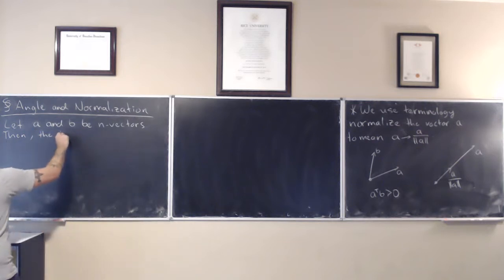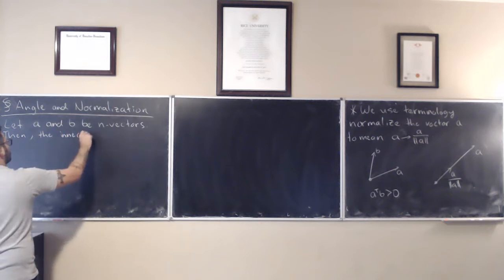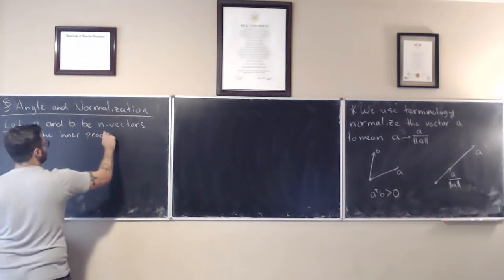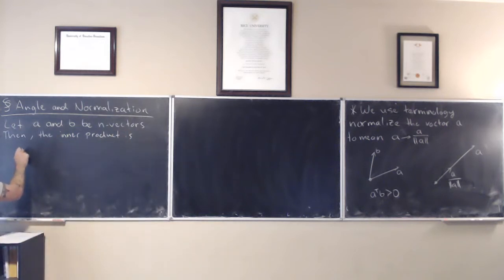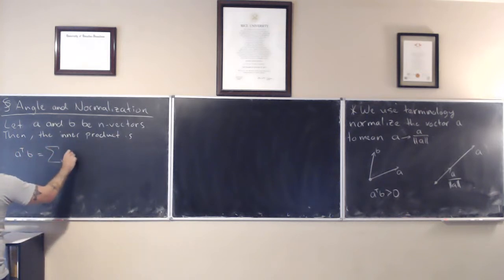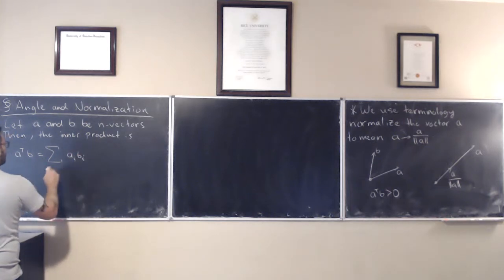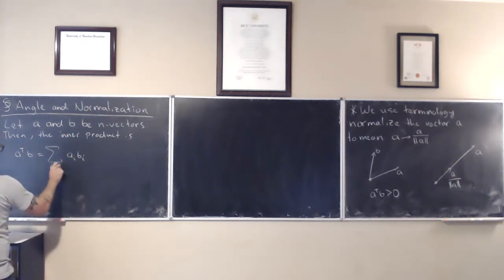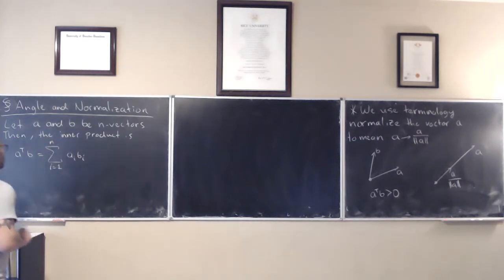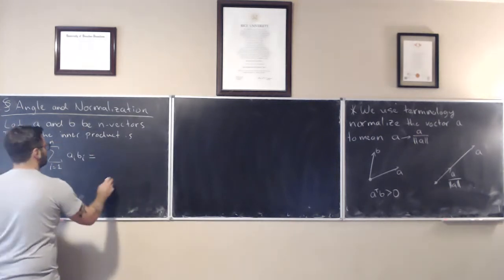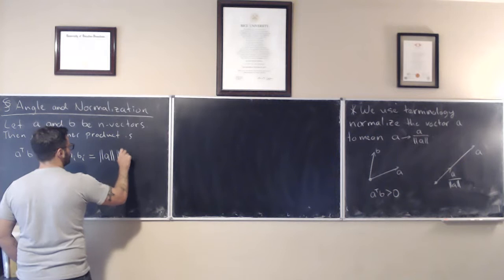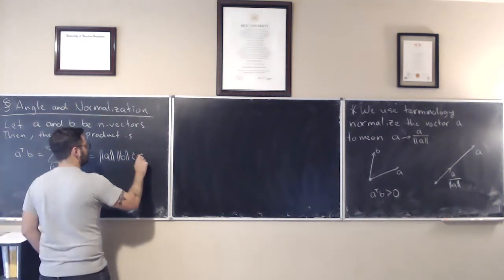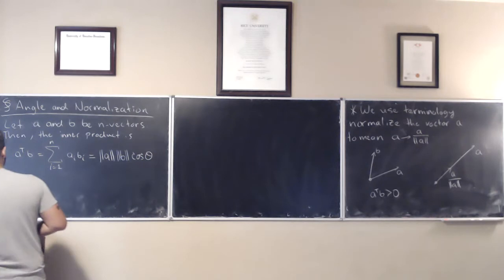The inner product is, there's two ways to define it: A times B, which is equal to the sum of AI times BI, where I is equal to 1 to N. But then it's also the case that this is equal to the norm of A times the norm of B times cosine of the angle between the two vectors.